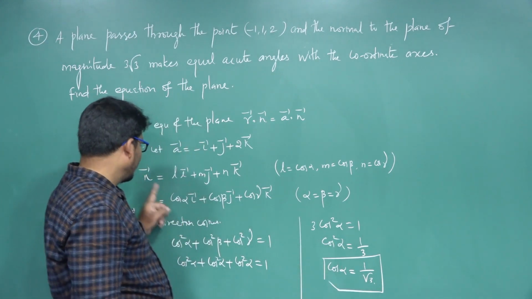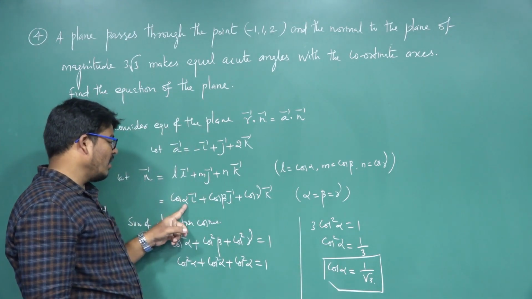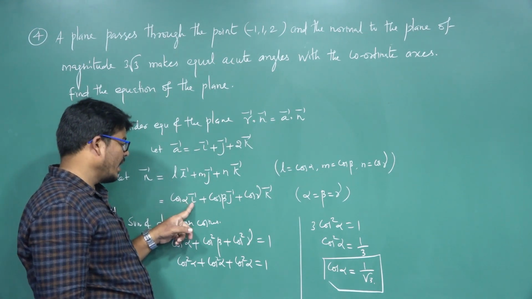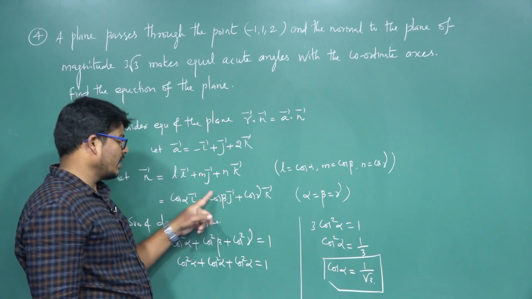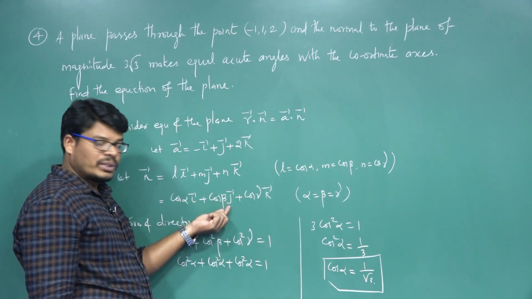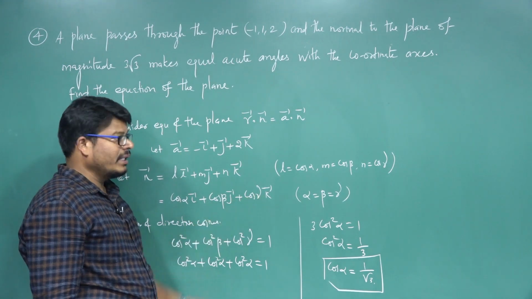Now substitute in n vector. N vector equal to cos alpha i vector plus cos beta j vector plus cos gamma k vector, with each value 1 by root 3: 1 by root 3 i vector plus 1 by root 3 j vector plus 1 by root 3 k vector.